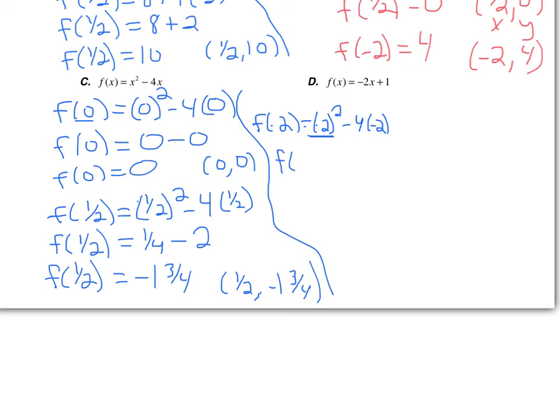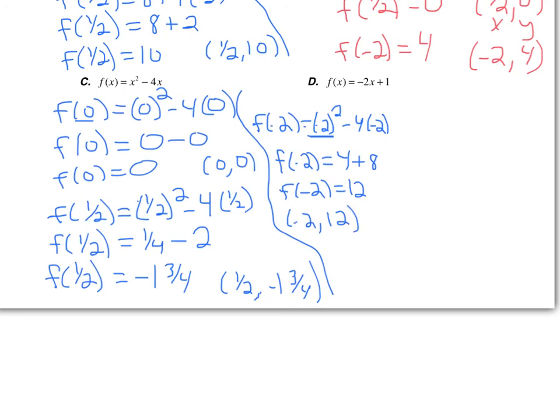So be very careful and use parentheses, because -2 squared is 4, not -4. So in this case, it's a +4. If you don't use parentheses, you'll get a -4 in the calculator. And then -4 times -2 becomes a +8. So f of -2 is equal to 12. So that would be the point. -2 is the input and 12 is the output.